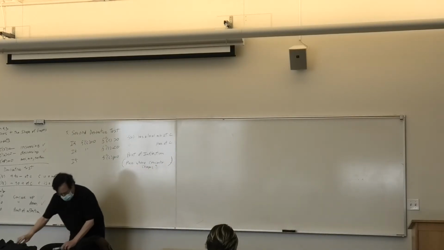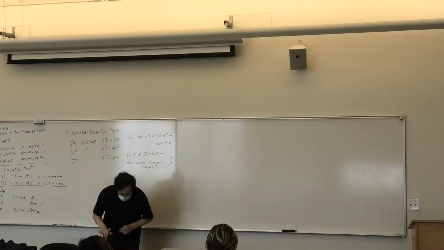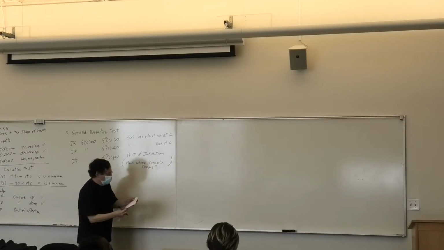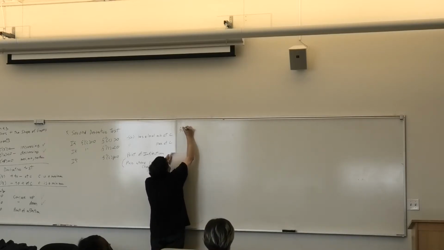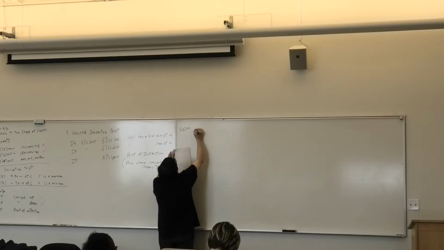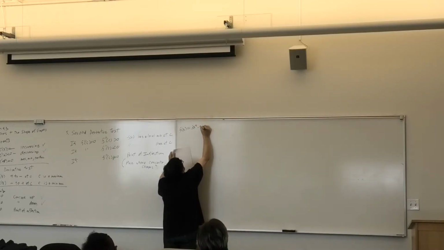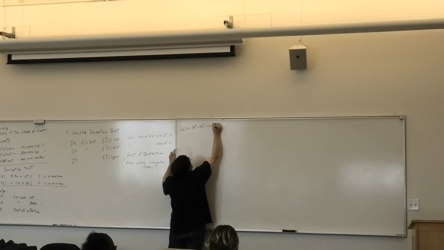So the next function we're going to look at is something, I think this is from the book. So f of x equals 3x to the fourth minus 4x cubed minus 12x squared plus 5.